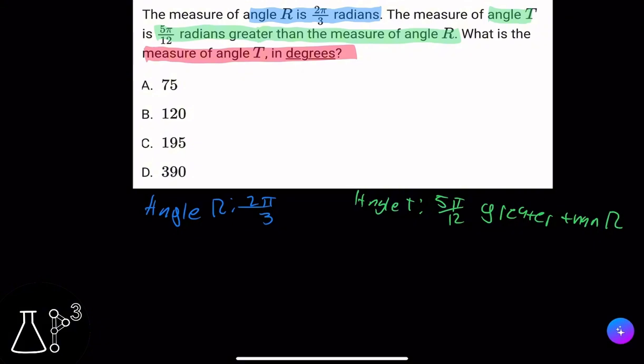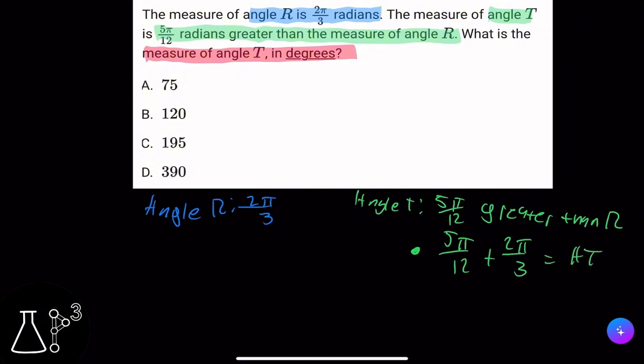So we would get 5 pi divided by 12 plus 2 pi divided by 3 to get the angle measure of T. So I'm just going to write AT.